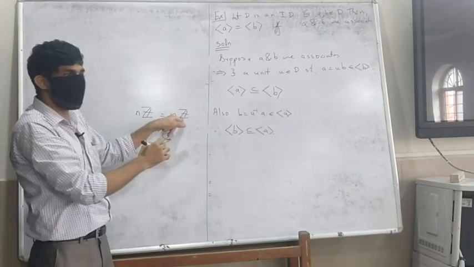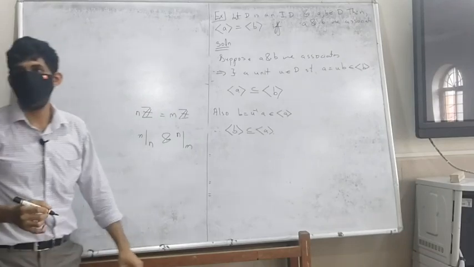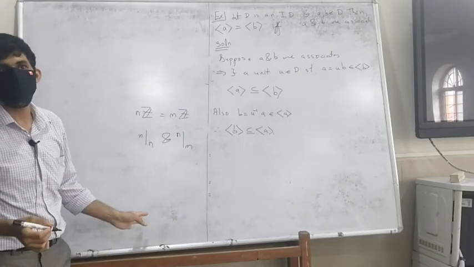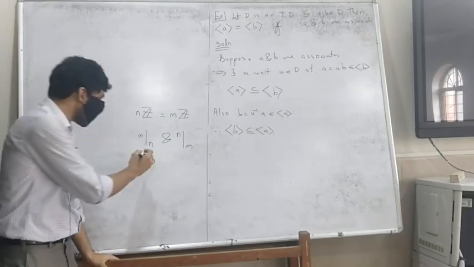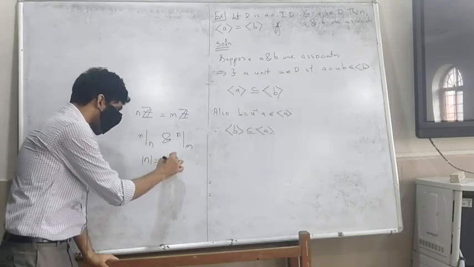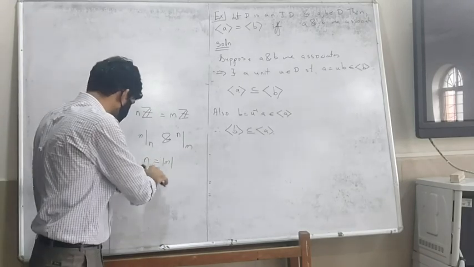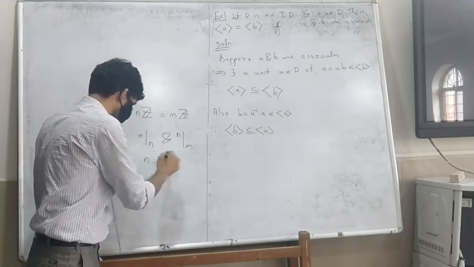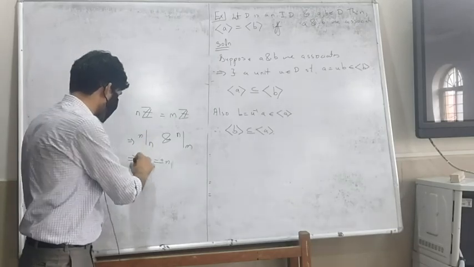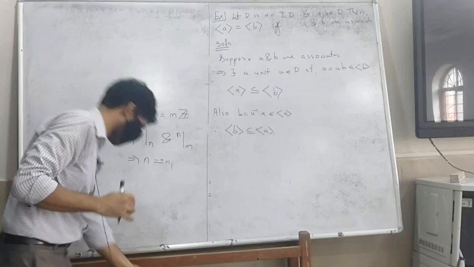Similarly, since m is here, m should be here, that means n divides m. Okay, and both these divide each other, which means that there is only one way, you have studied this in number theory, that their moduluses are the same. Okay, the other way is also easy to see, that you can prove on your own, that's too trivial.